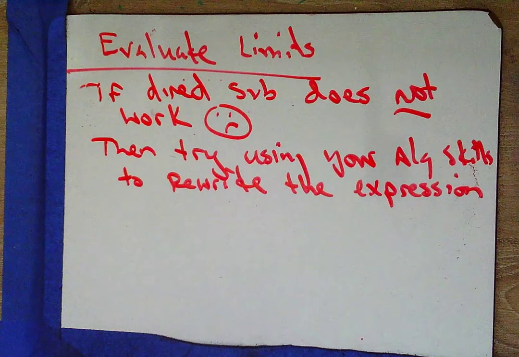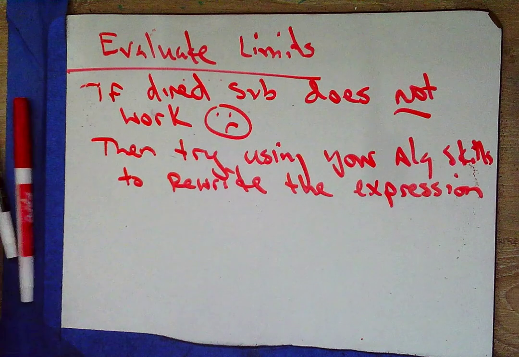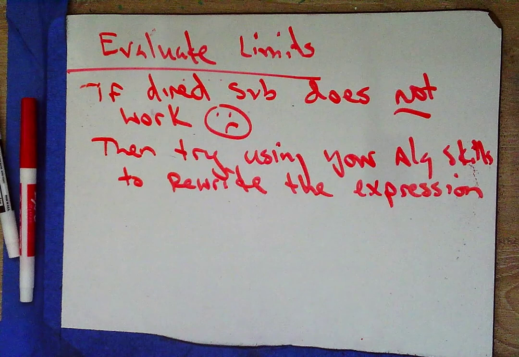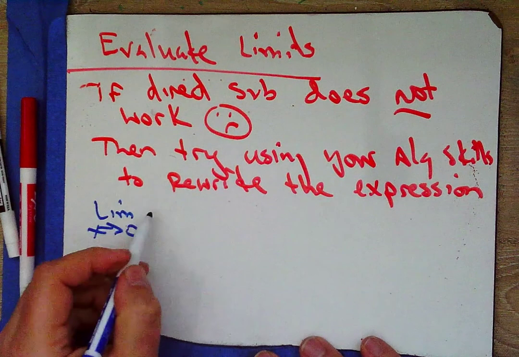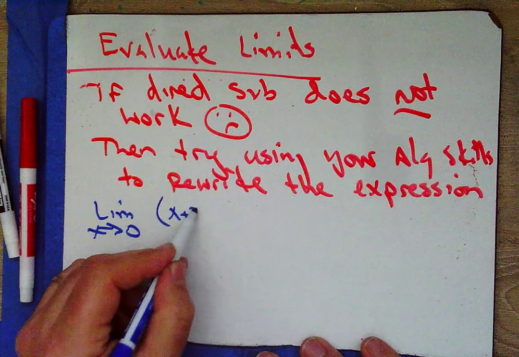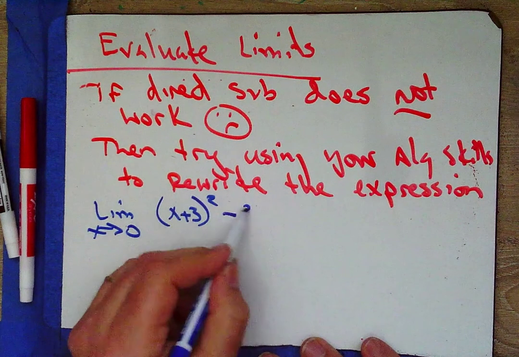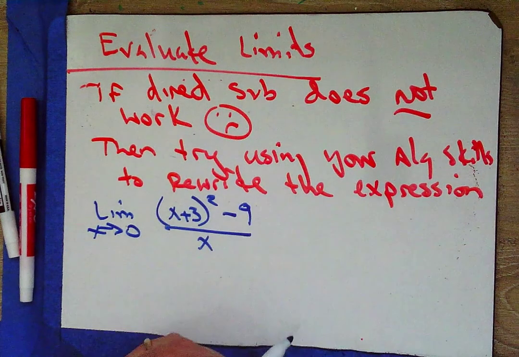Algebra skills? I have them. Of course you do. You have fabulous algebra skills. Here, let's take a look at this problem. The limit as x approaches 0 of x plus 3 squared minus 9 over x.